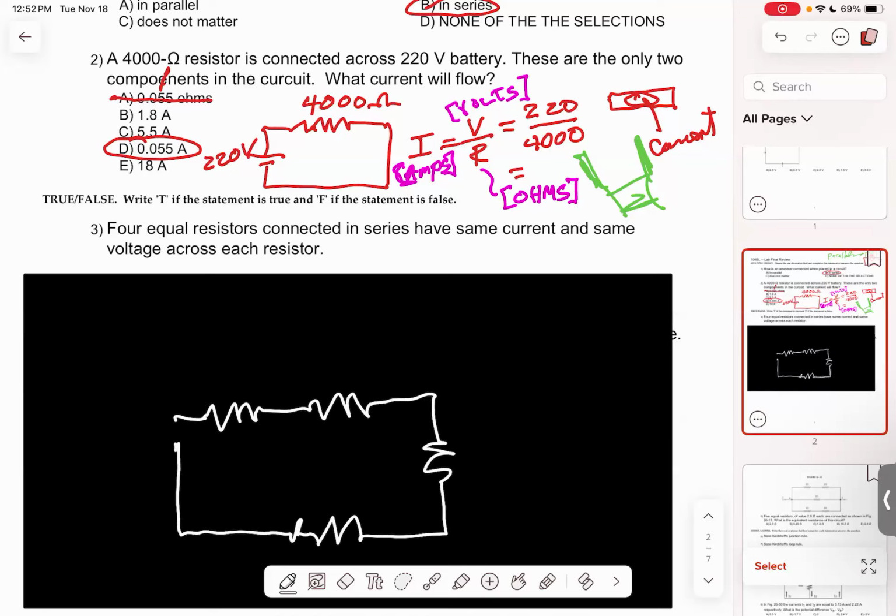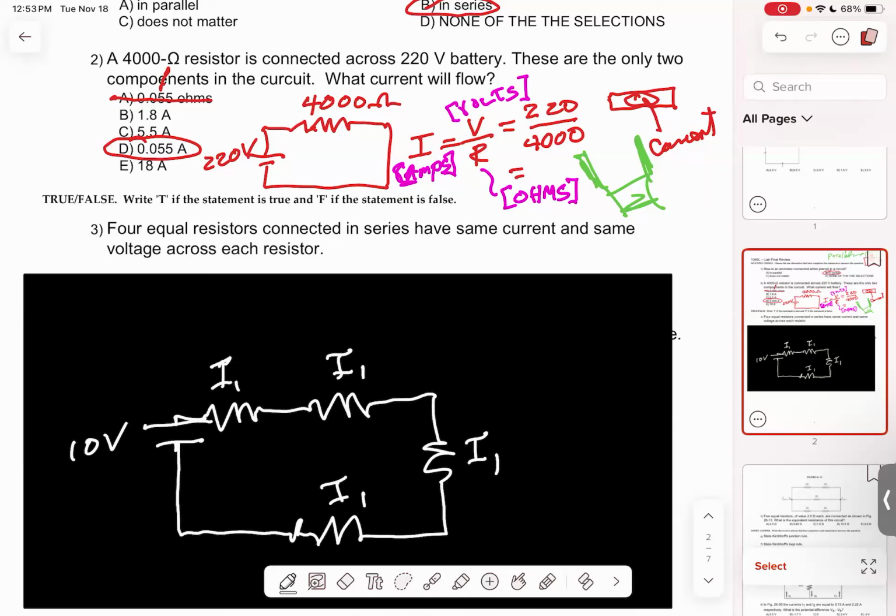They're all connected in series, and they have the same current going through them. So if each one of these has a current, let's just call it I1, and the voltage across here, let's just say is 10 volts, would they have the same voltage across each resistor?